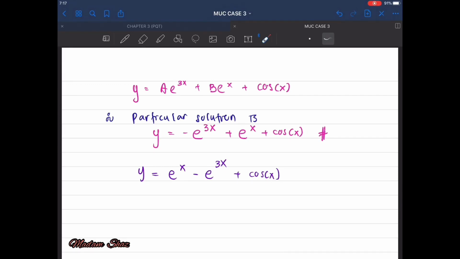So there is no problem. So this particular solution is also correct. There is no problem if you change the position.